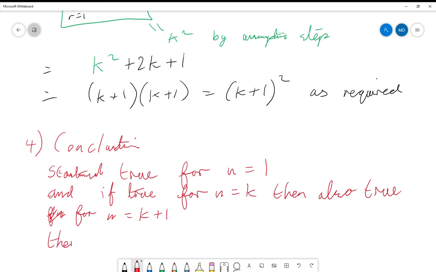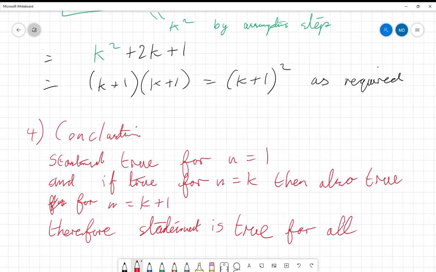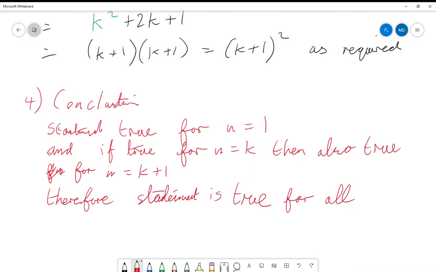Therefore, statement is true for all integer n with n greater than 0.